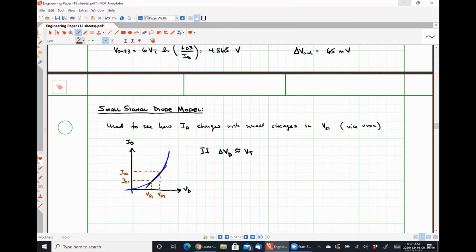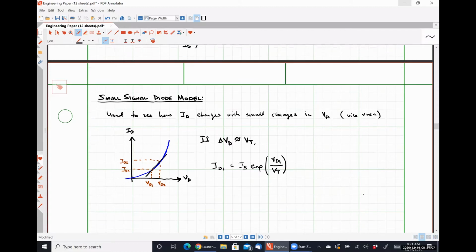So under these constraints, let's say that ID1 is IS times the exponential of VD1 divided by VT.